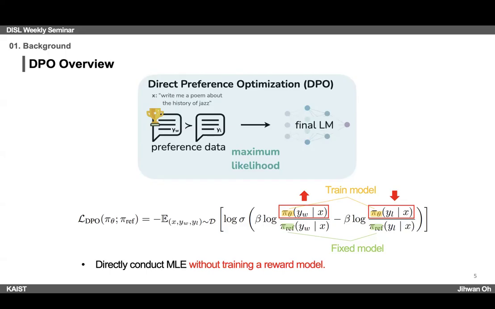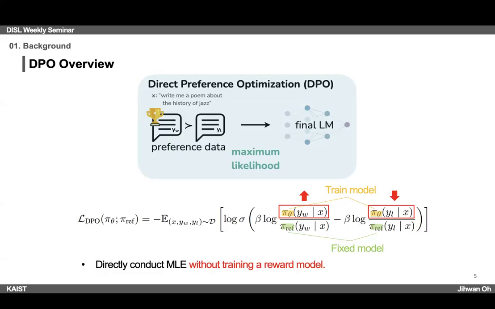The figure shows direct preference optimization. If you examine the loss function of DPO, it calculates the implicit reward using the model that will be trained. As highlighted in orange, the model is trained to increase the probability of generating the chosen data while reducing the probability of generating the rejected data.